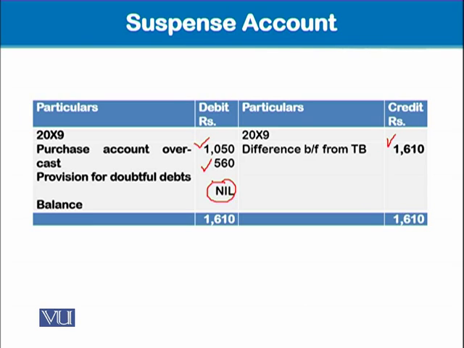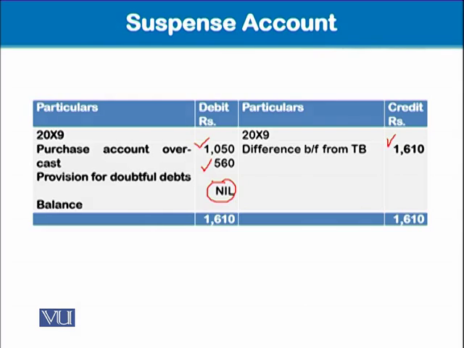So that's what we worked out, that the suspense account we will be taking the difference from the trial balance. If that was appearing in the credit side, it will be put in the credit side of the suspense account. And then we will work out different rectifications in which this suspense account would be involved.